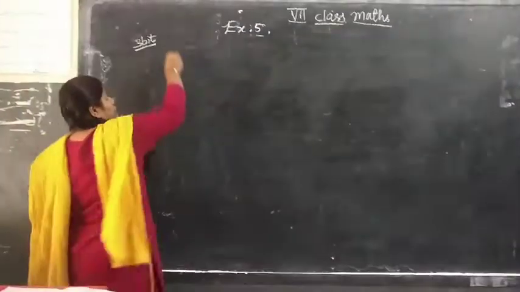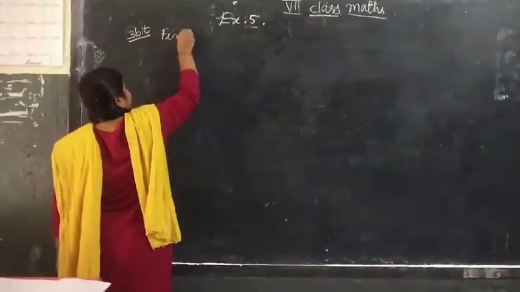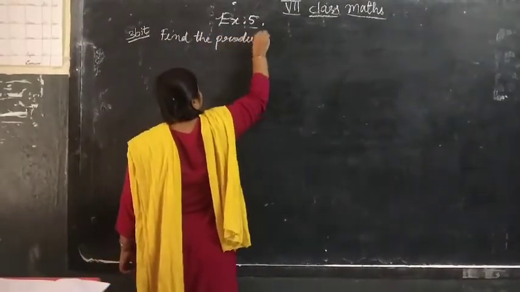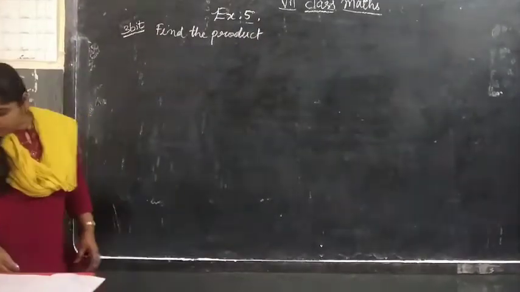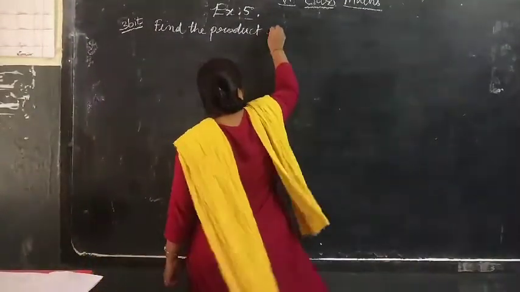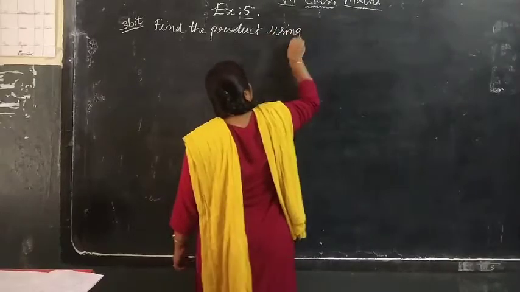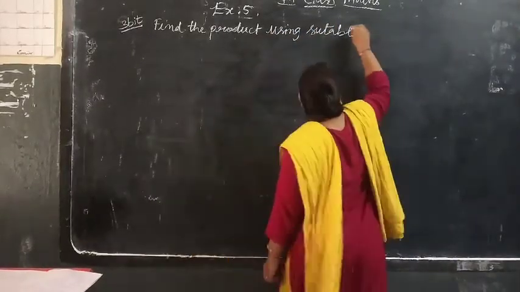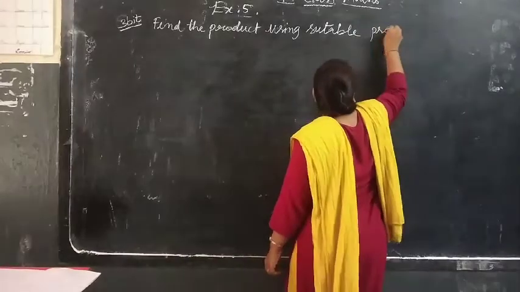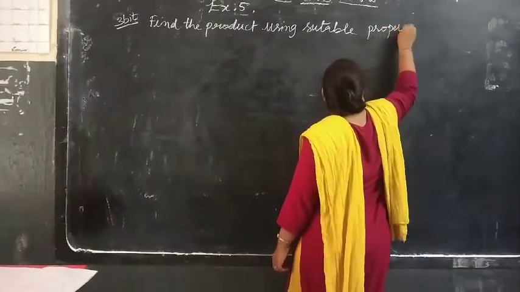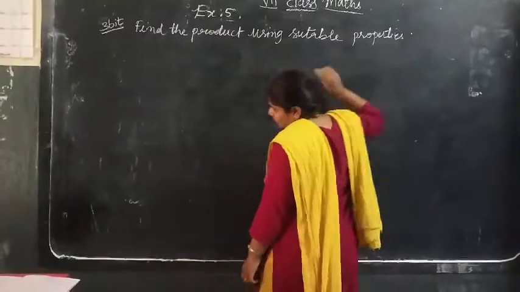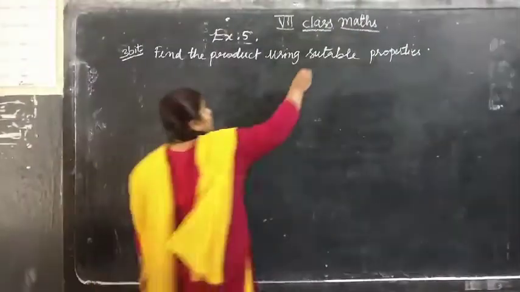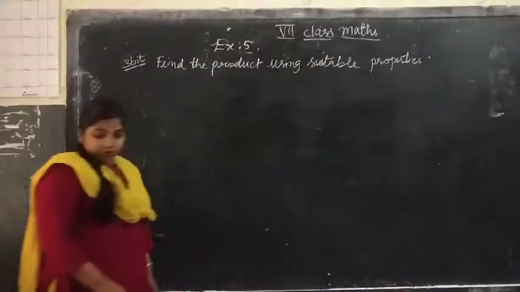So find the product using suitable properties. Now what is the first one?